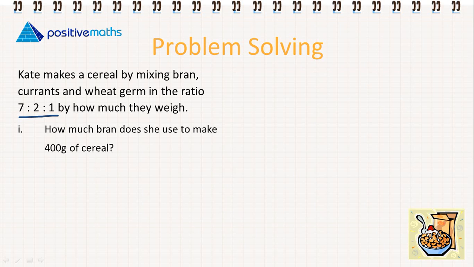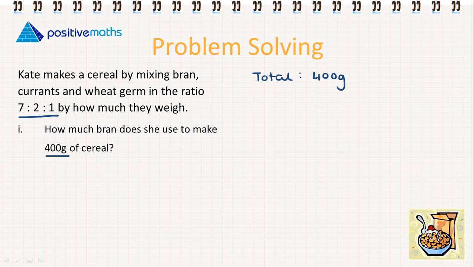Okay, so let's think about this. If she makes 400 grams of cereal, that's going to be our total. That's the total amount that she makes, 400 grams. So before we can figure out how much bran she uses, we need to calculate how many parts 400 grams is made up of.